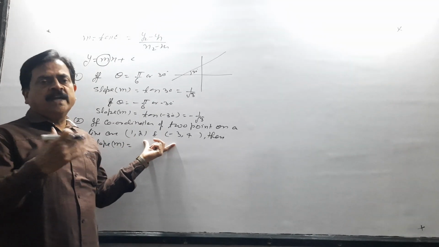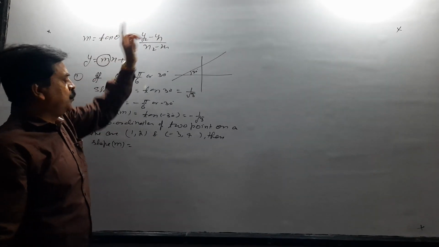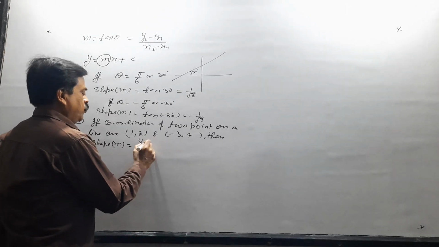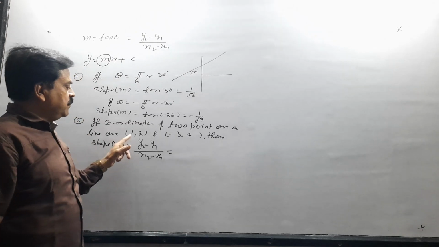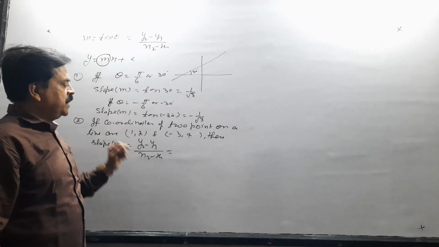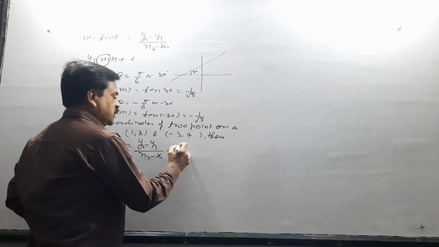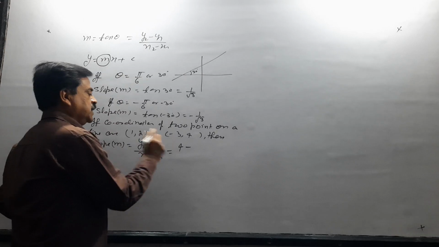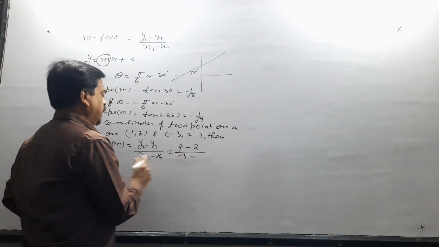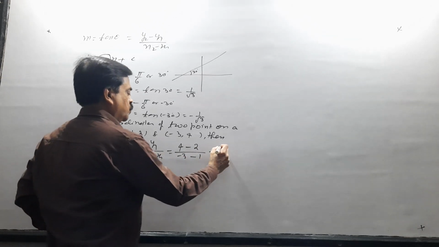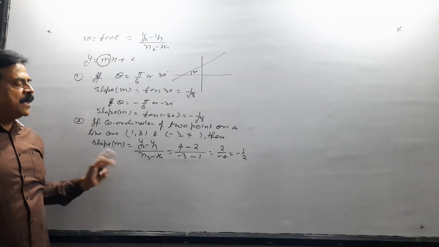Coordinates of 2 points on a line are given, then slope may be obtained this way: y2 minus y1 upon x2 minus x1. Here x1, y1 are coordinates of first point and x2, y2 are coordinates of second point. So y2 is here 4 and y1 is 2. x2 is minus 3 and x1 is 1. So 2 upon minus 4 equals minus 1 upon 2 is the slope of line.